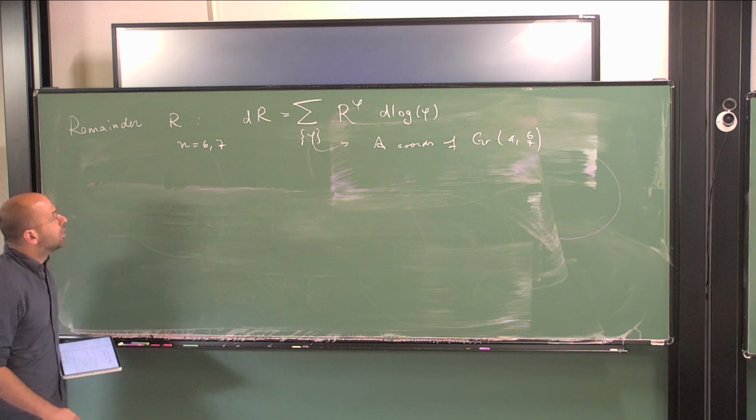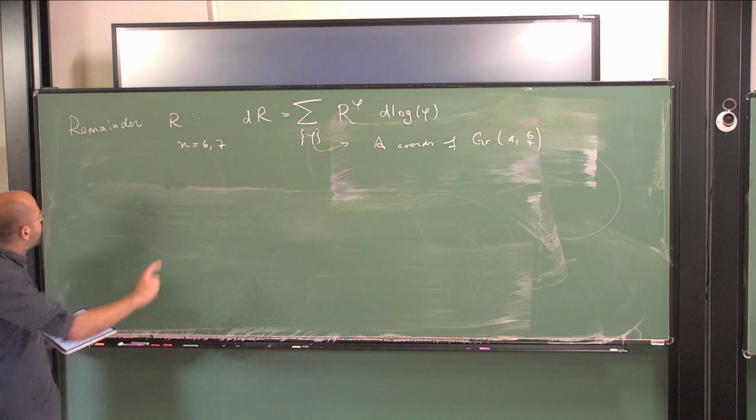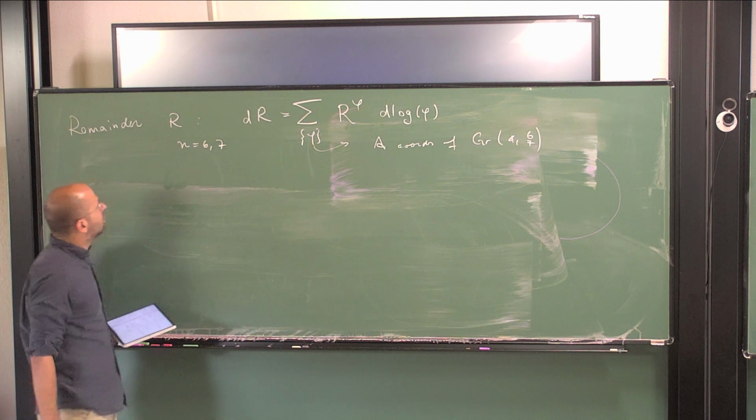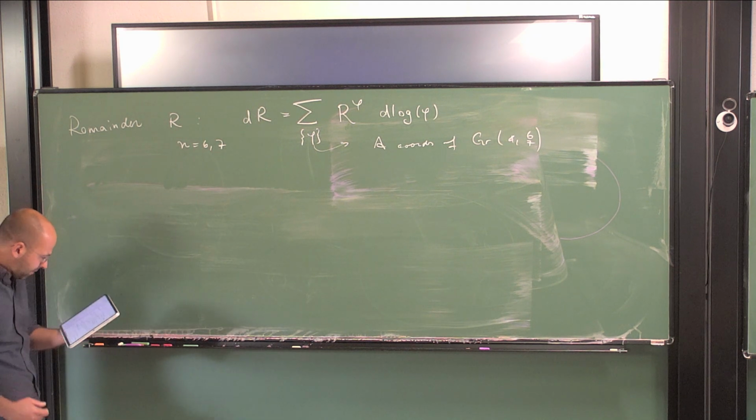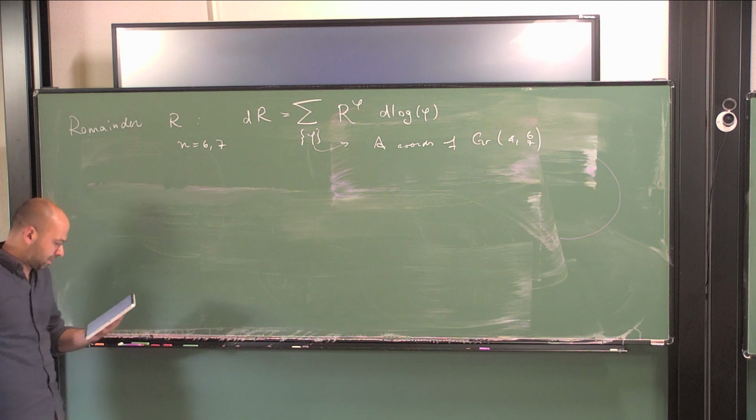So that's a very little understood situation. These are two main ways that the story needs to be generalized. And so first we would like to go beyond Gr(4,6) and Gr(4,7), baby steps.